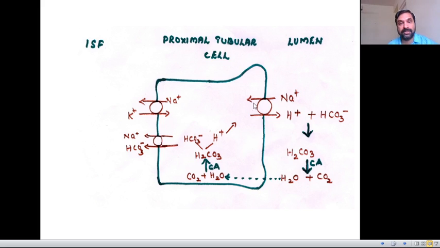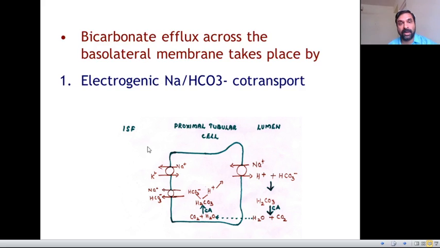Okay. So this is the mechanism. Sodium H plus antiport in early part of PCT is associated with bicarbonate reabsorption. So bicarbonate efflux across the basolateral membrane takes place by electrogenic sodium bicarbonate co-transport.